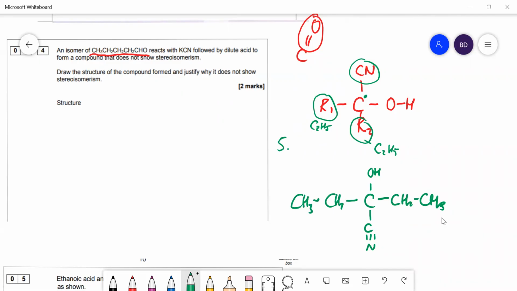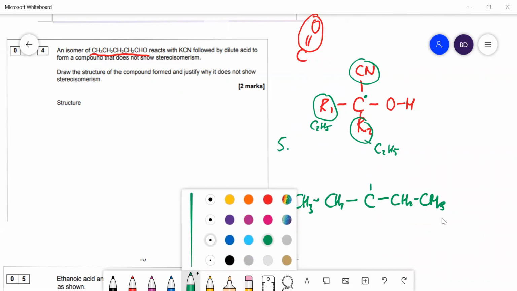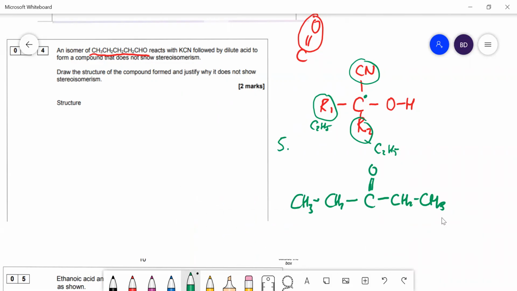That's the structure you need to draw, and just to remind ourselves, that will have actually come from this ketone, which is an isomer of propanal. They're both C5H10O.